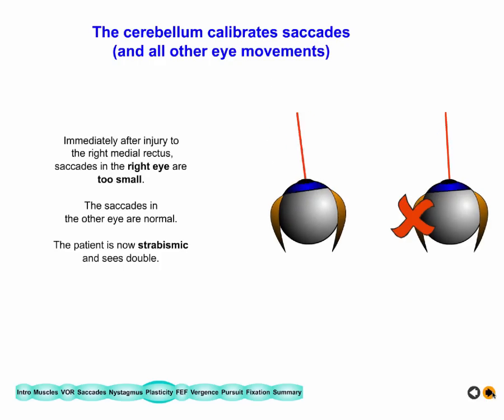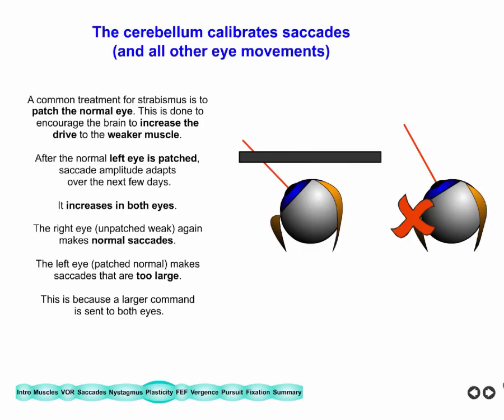Well, what do you do with such a patient? Often this problem persists because the system sort of ignores this eye. So the system then starts relying on the good eye and blocking the signal from the weak eye.